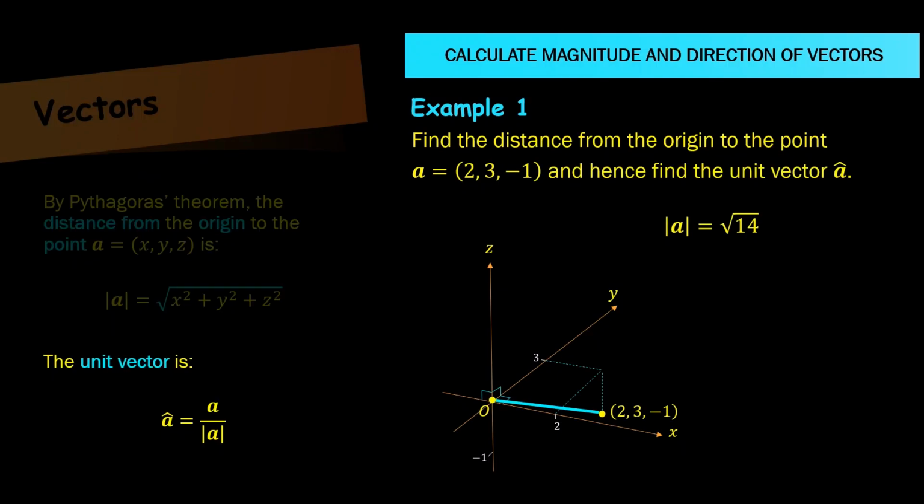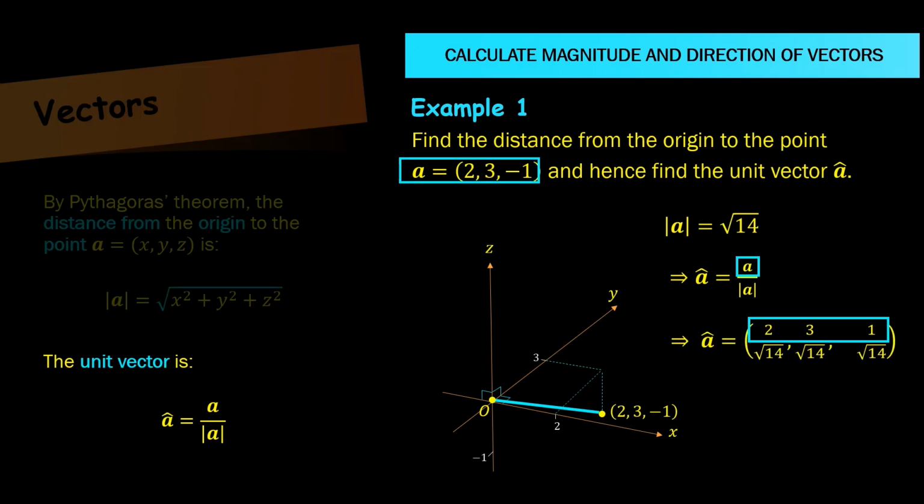So mod a equals root 14. A hat equals a over mod a. So we have that a hat equals (2, 3, -1) over root 14.